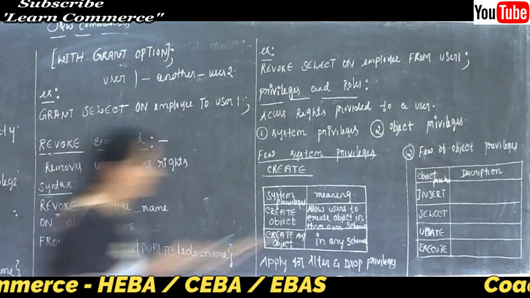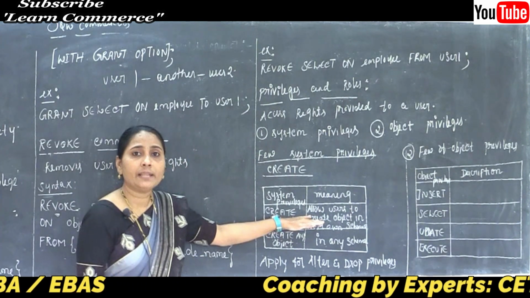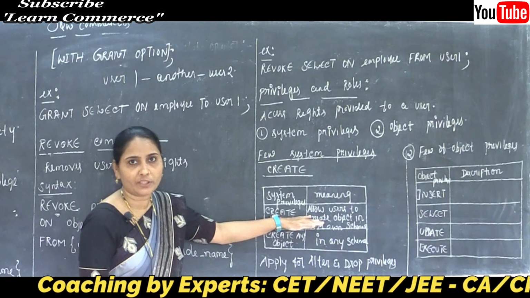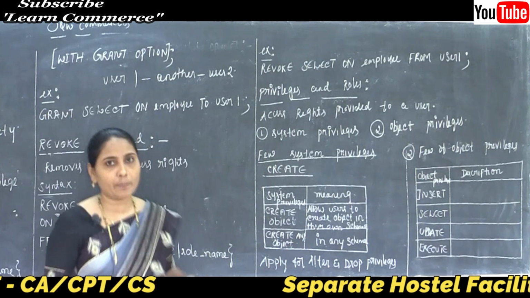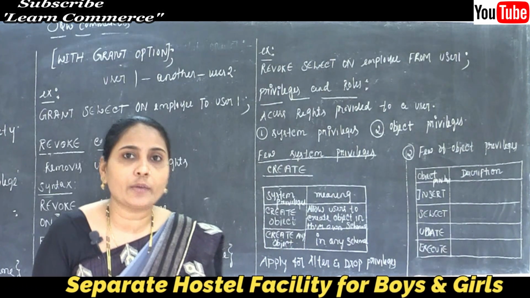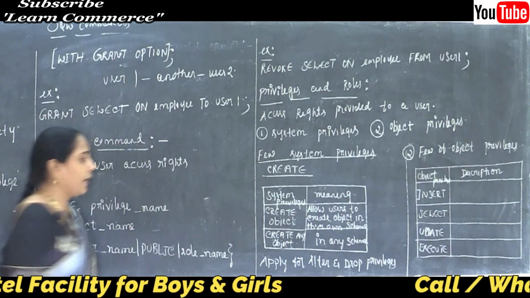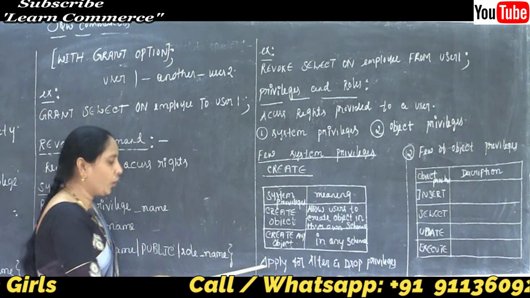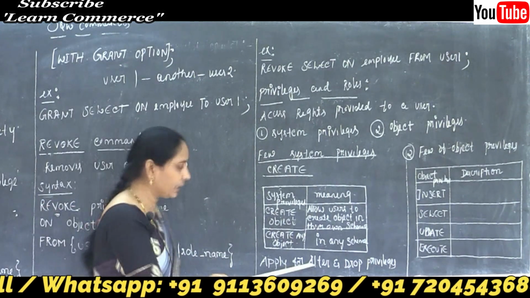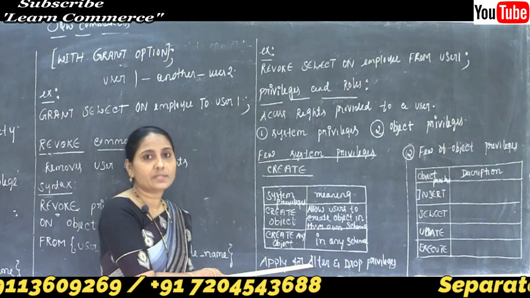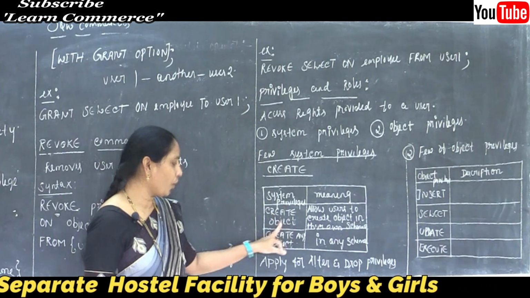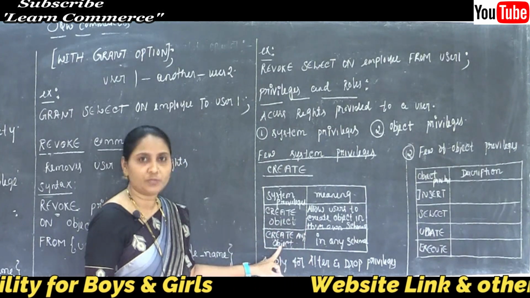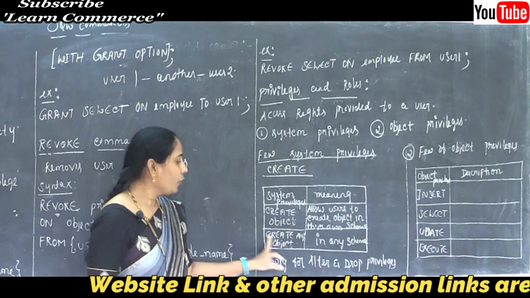But the first one is in their own schema, in their own operation, going to create the table, but in our second, in any schema, in any operation, we are going to create the table. And whatever I completed applies for our alter as well as the drop system privileges. Clear this point here? Maybe the alter object, alter any object, drop object, drop any object.